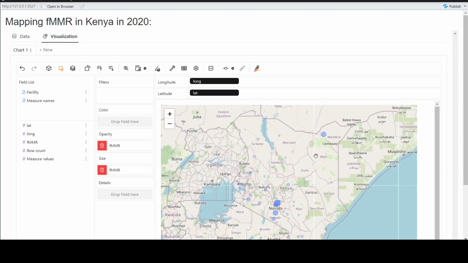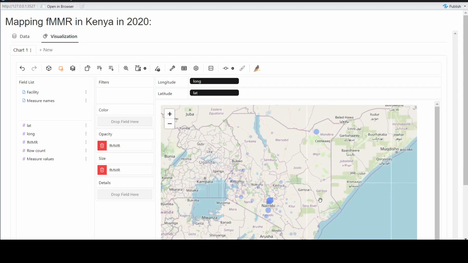So it's kind of strange that there's a high level of maternal mortality in the northeastern region. But we also know that they are highly under-resourced, and they struggle with basic amenities and facilities. And so that might be a reason why there's also a high number of maternal deaths in that region.